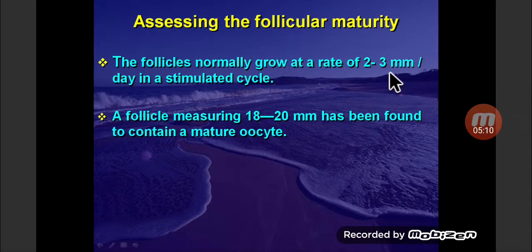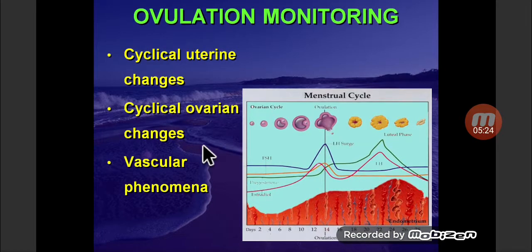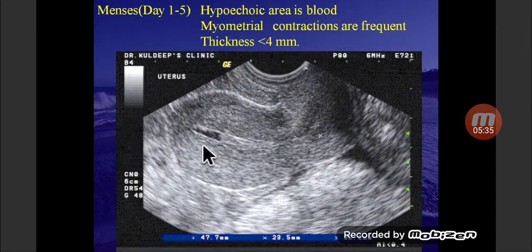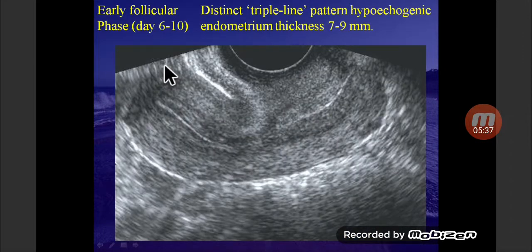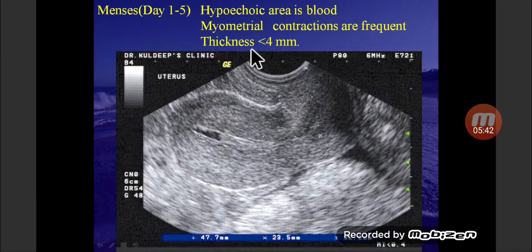Follicles grow at a rate of 2 to 3 millimeters, and a follicle measuring 18 to 20 millimeters has been found to contain a mature ovum. We have cyclical uterine changes, cyclical ovarian changes. You're looking at the endometrium on the baseline scan, thickness less than 4 millimeters.